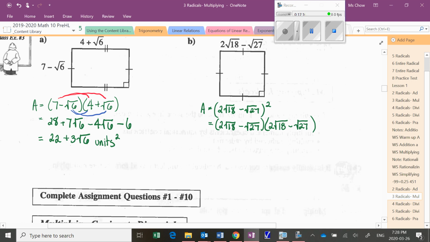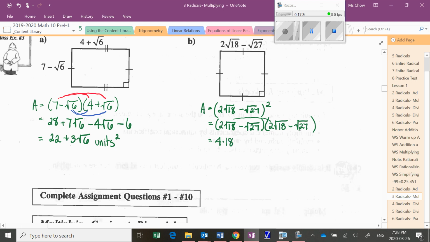At the same time, I can quickly see root 18 times root 18 is just going to be 18. So let's just go with that, and we'll fix it up as we go. When we do our first two terms multiplied together, so 2 root 18 times 2 root 18, 2 times 2 is of course 4, and root 18 times root 18 is going to be 18.